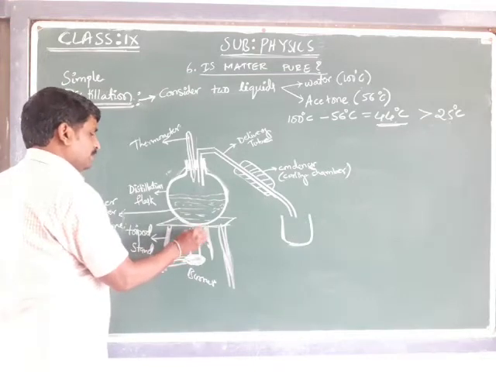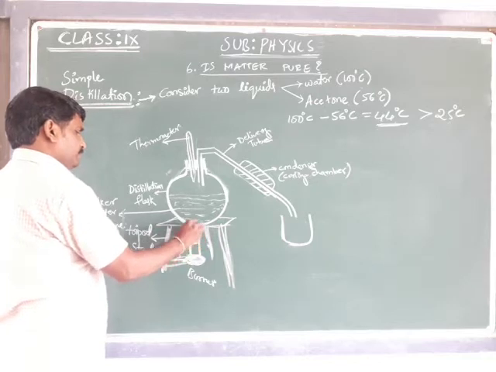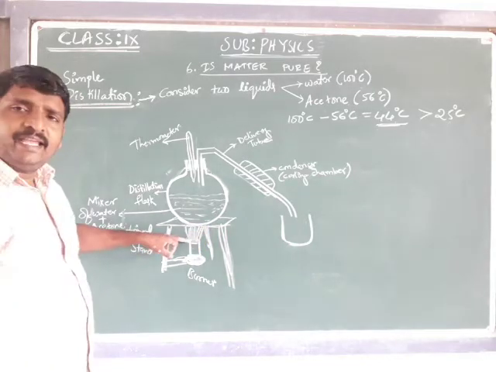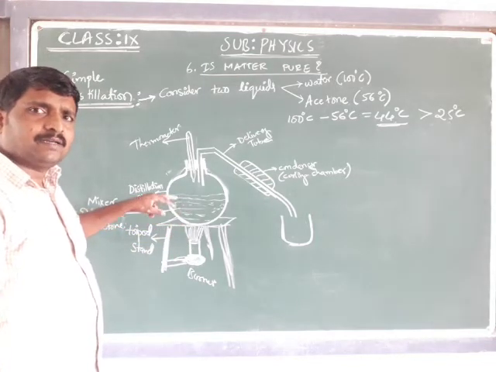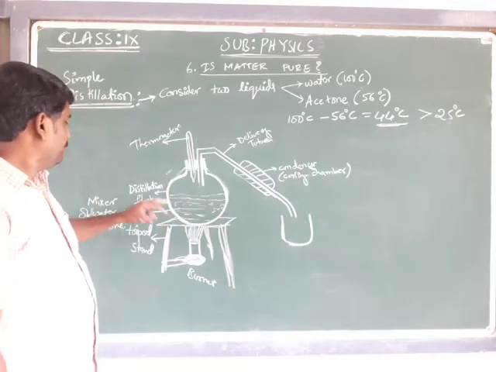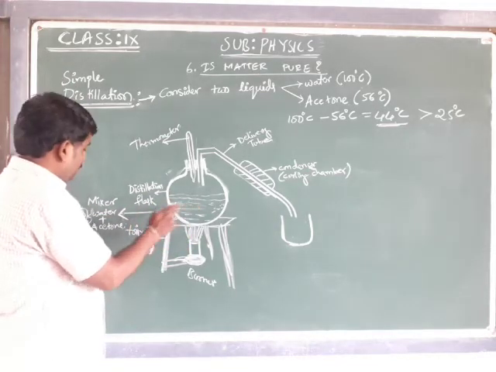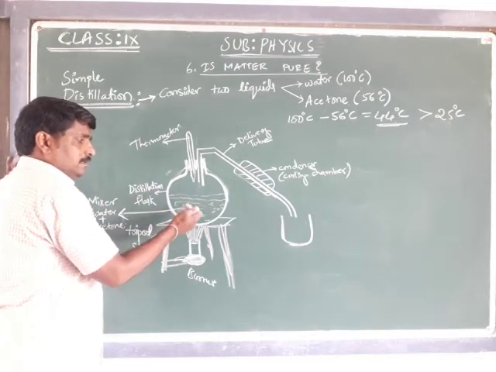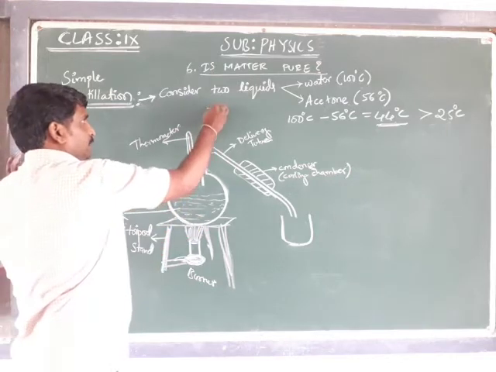If you light this burner, some amount of heat is going to be supplied to the mixture of water and acetone, which might initially be at room temperature, maybe 32 degrees Celsius.